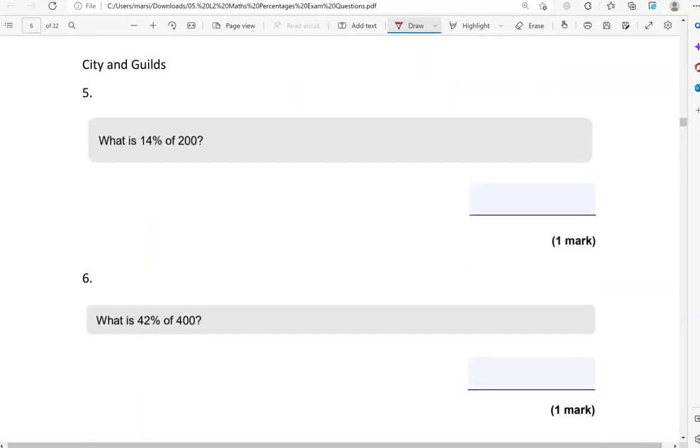What is 14% of 200? Okay, so let's break this down into 10% and then 1%. So 10% of 200, that is the same as dividing 200 by 10, which gives us 20, knocking off a 0. 1% is like dividing 200 by 100, which means knocking off 2 zeros, and that gives us 2.